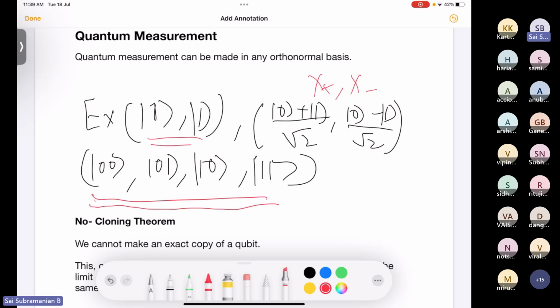When we make a measurement on an orthonormal basis, it will collapse into one of those basis states. So our vector will become either 0 or 1 with a given probability. It will either become 0 plus 1 by root 2 or 0 minus 1 by root 2, with a given probability. Similarly, for multiple qubits, it will either become 0 0 or 0 1 or 1 0 or 1 1 with a given probability.